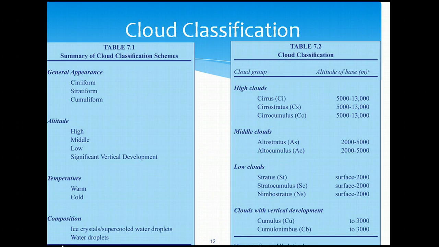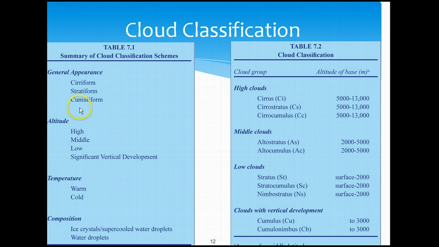Moving from cloud formation now to cloud classification, you can appreciate that clouds come in an infinite variety of shapes and sizes, and if you've ever watched the sky for any period of time, you'll appreciate that fact. As Table 7.1 shows, clouds are classified on the basis of several things, including general appearance or texture as observed from the ground, altitude of the cloud base, the temperature, or the composition of the cloud.